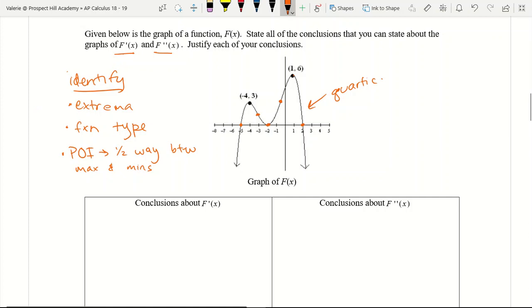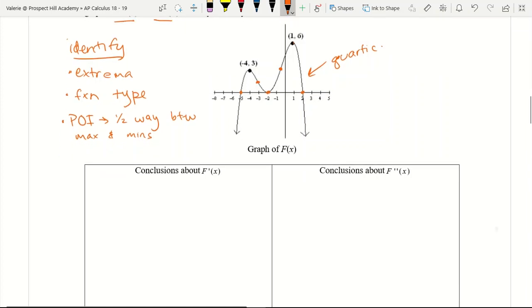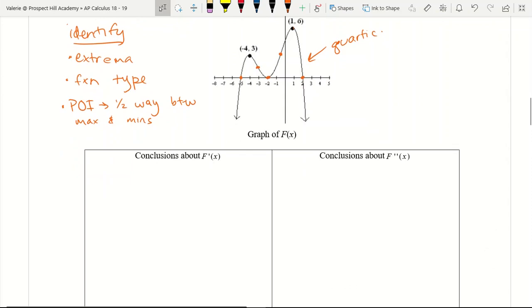Okay, so using that information, what conclusions can be made for the derivative and for the second derivative? I'll give you a hint. For the first derivative, we can make approximately 10 conclusions. And for the second derivative, we can make approximately 4.